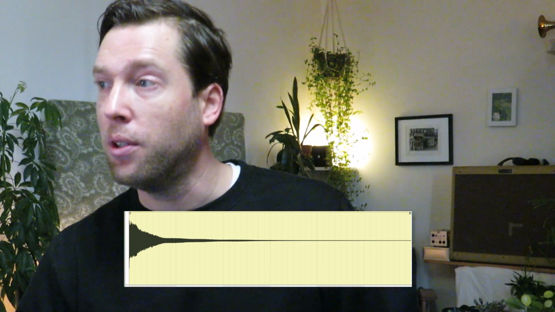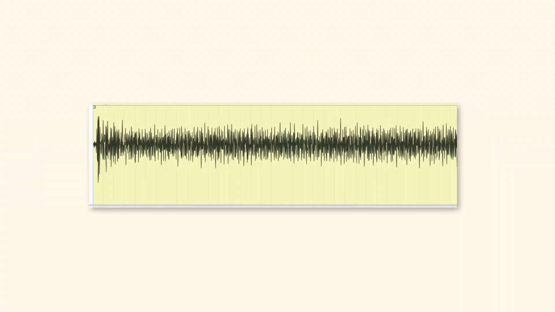Here's a good example with the triangle. And you can see just looking at the waveform that the very beginning of the sound is the loudest part, and that's the part where the triangle is being struck. And then it rings out, and we have the resonance at the end. But if we zoom in, and I'll separate that out, that's the transient sound.